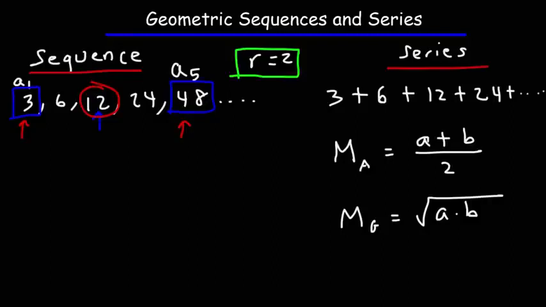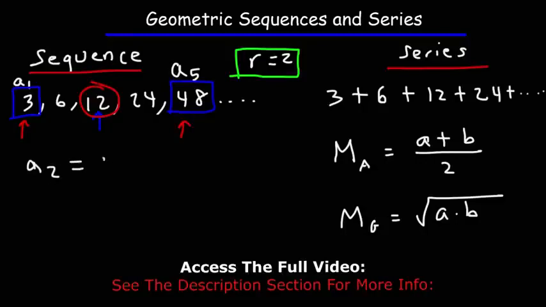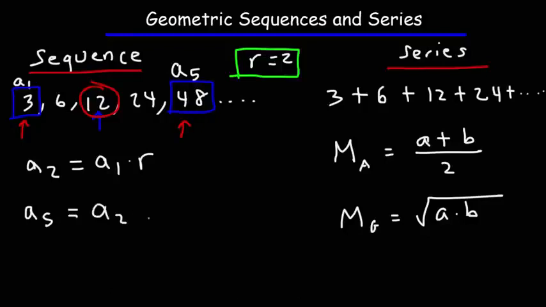Now sometimes you need to be able to write equations between terms within a geometric sequence. For instance, if you want to relate the second term to the first term, you need to multiply it by r. If you want to relate the fifth term to the second term, you need to multiply it by r cubed.